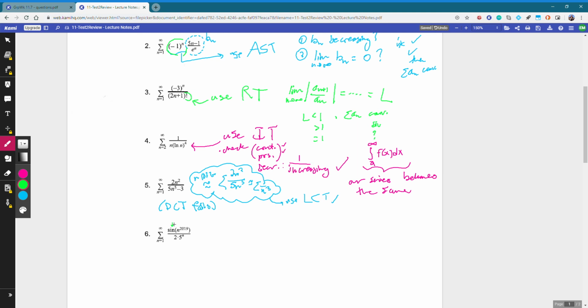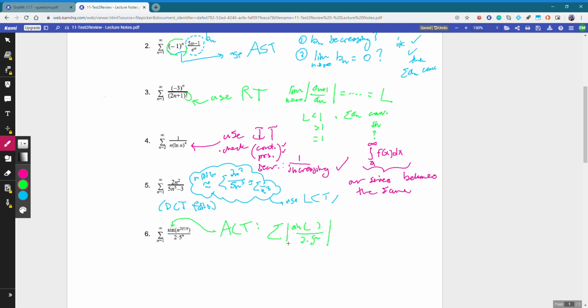And because of that, our absolute convergence test is going to be a useful way to think about this, right? The absolute convergence test says, well, hey, let's look at the series for the absolute value of the sine of that over 2 times 5 to the n, right?